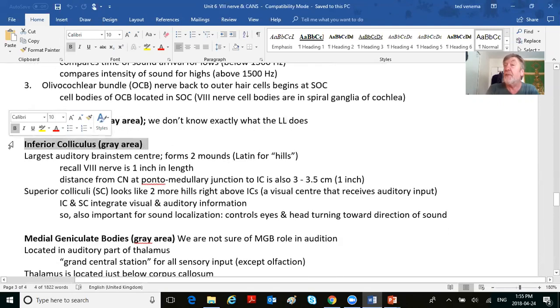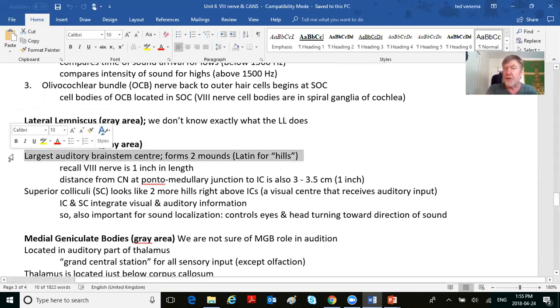Next, leaving the pons now, going up to the midbrain, which is the top of the brain stem. The largest auditory brain stem center forms two mounds. Colliculus is Latin for hill. Okay? Inferior colliculus.